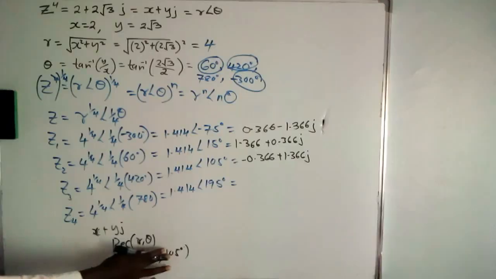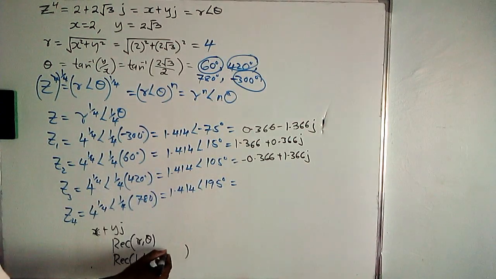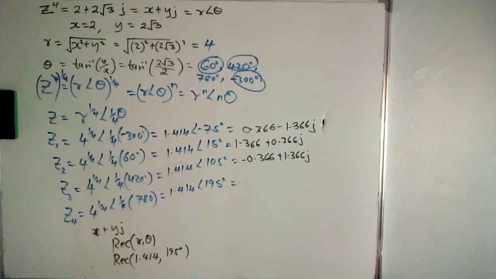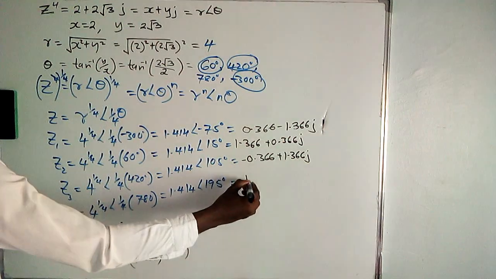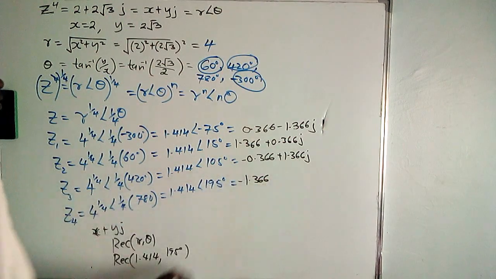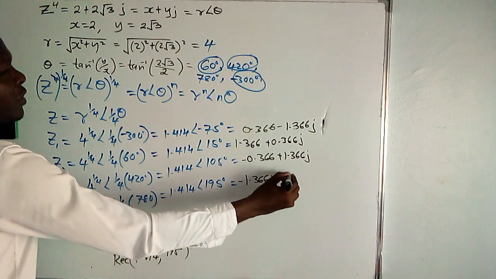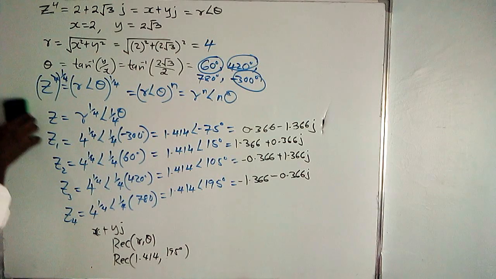Let us move to the last one. That is the rectangular form of 1.414, comma, 195 degrees. You found x is negative 1.366 and y is negative 0.366j. So that is in the form x plus yj.